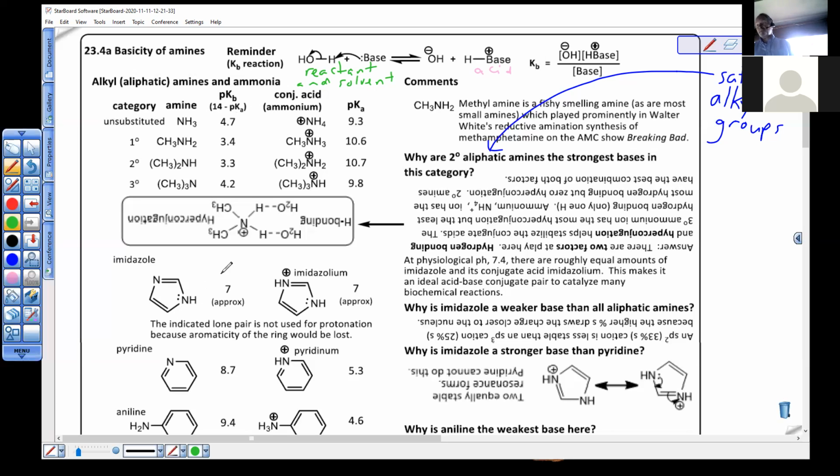And this is about 3 higher than those, which means it's about 1,000 times less basic. And why would it be so much less basic? It must mean this is a lot less stable as a cation than any of those. True. Why? Well, you're taking a nitrogen that used to be sp2, still sp2 when you're done.